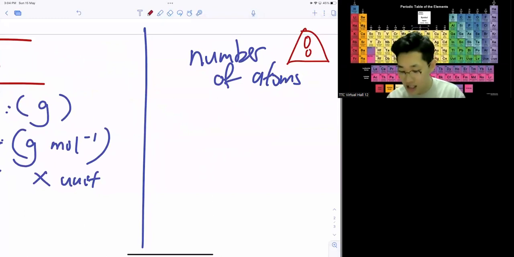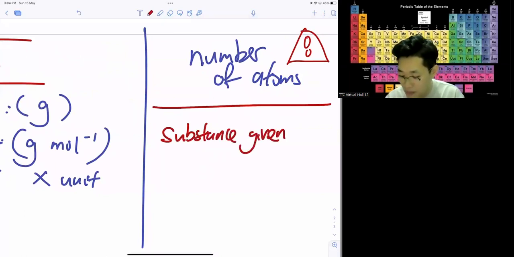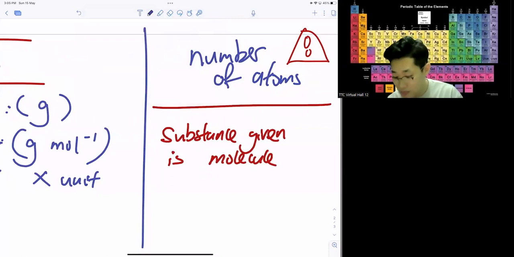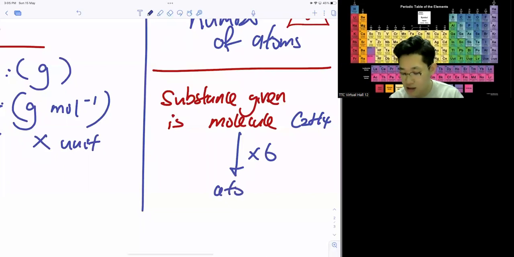Because if the substance given is a molecule, for example, C2H4, I have to multiply by 6 to get atoms.